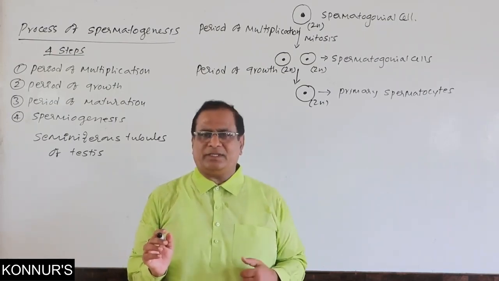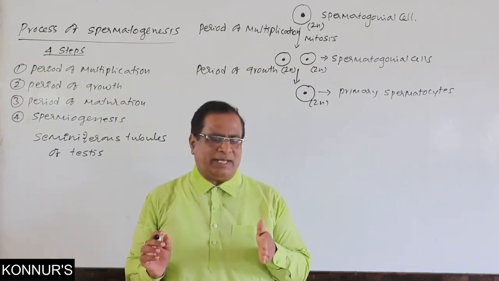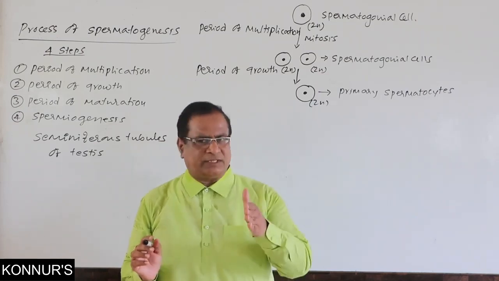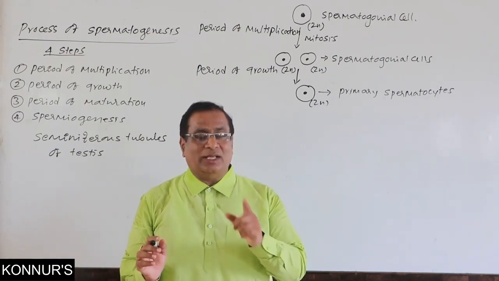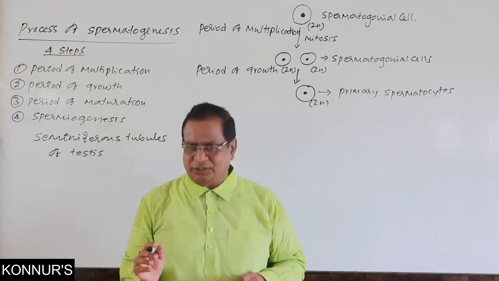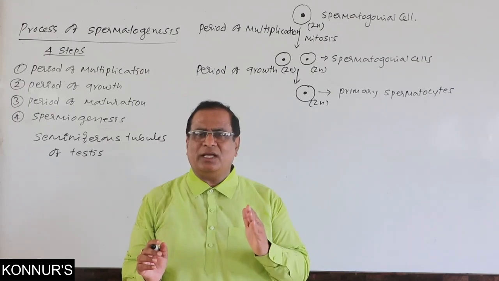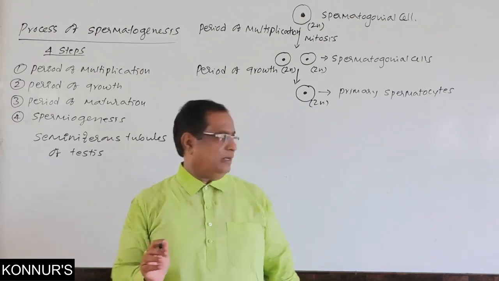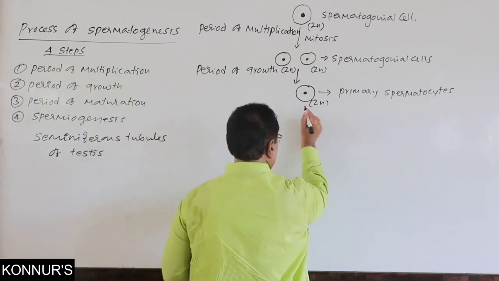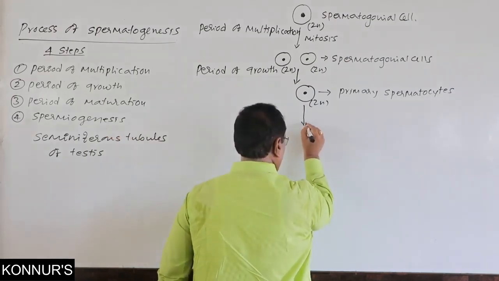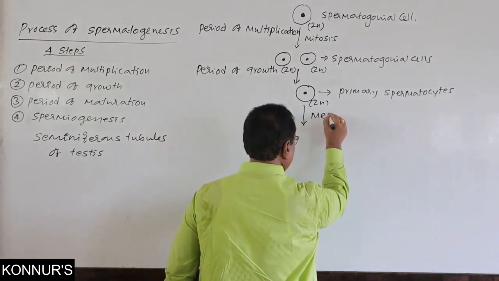But we know that meiosis takes place in two steps. Meiosis first and meiosis second. Meiosis first is reductional division. There is a reduction in chromosomal number, so in the first step of period of maturation, meiosis first takes place.